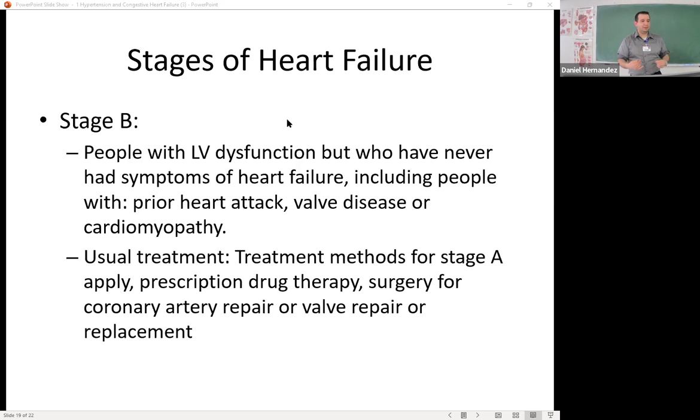These patients are now exhibiting signs of left ventricular dysfunction, whether it's systolic dysfunction as a result of coronary artery disease or dilated cardiomyopathy, or more diastolic dysfunction, restrictive cardiomyopathy, hypertrophic cardiomyopathy, or hypertrophic heart syndrome as a result of chronic hypertension.